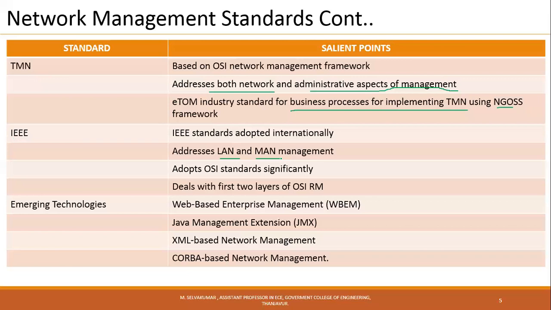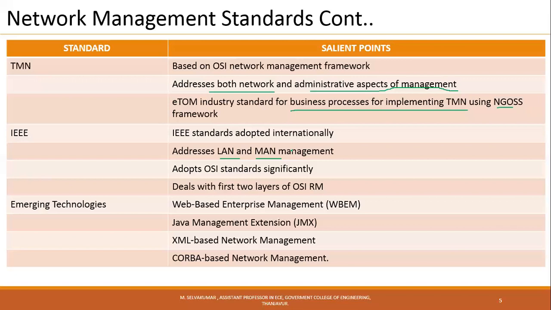The IEEE 802.x series specification has the IEEE standards for the lower layers. The OSI model, TMN and SNMP use the lower layers of the IEEE standard, that is the physical layer and the data link protocols.